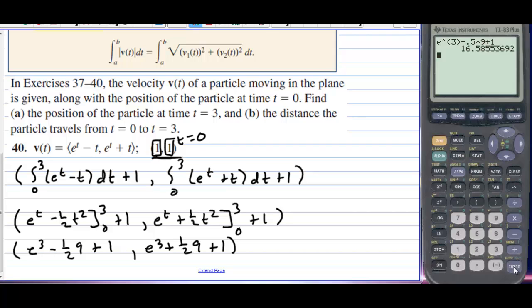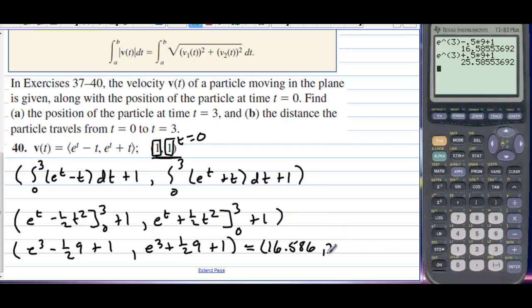Our answer is 16.586. The y value, the only difference is the plus there, so let's get that entry back in there and make that a plus. Enter.